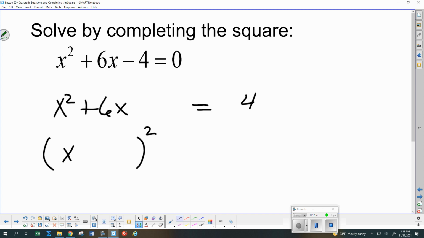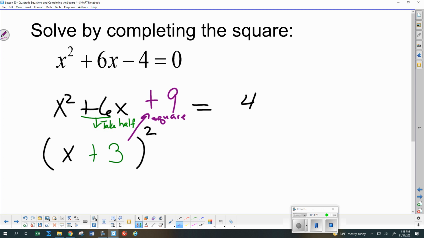To get that number, we take the plus 6, and we're going to take half of it, which is a plus 3. And then we're going to fill in, like we did on that last slide, what the other side would have been. We would have had x plus 3 times x plus 3. We would square this and put a plus 9 in here.